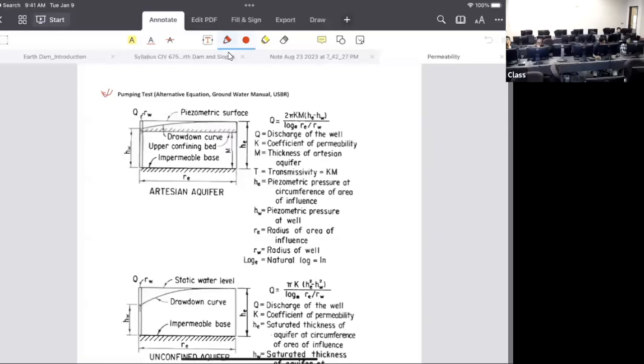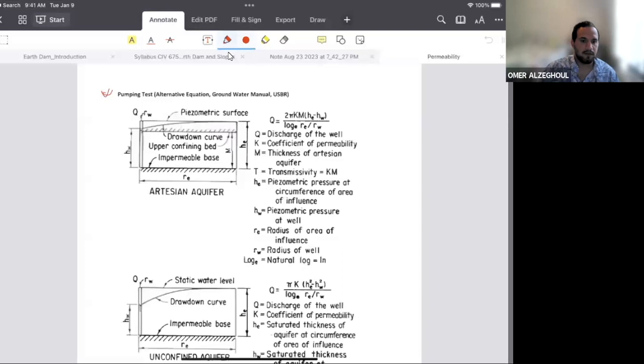Okay, so for clay soil, we will see a decreasing amount. Even though it depends, it should have some decrease.